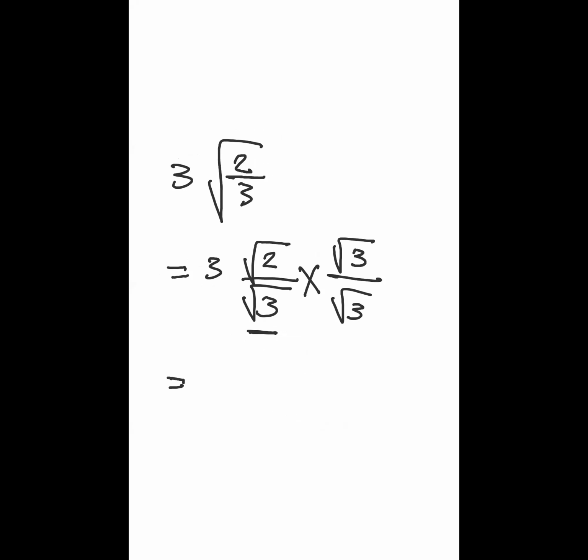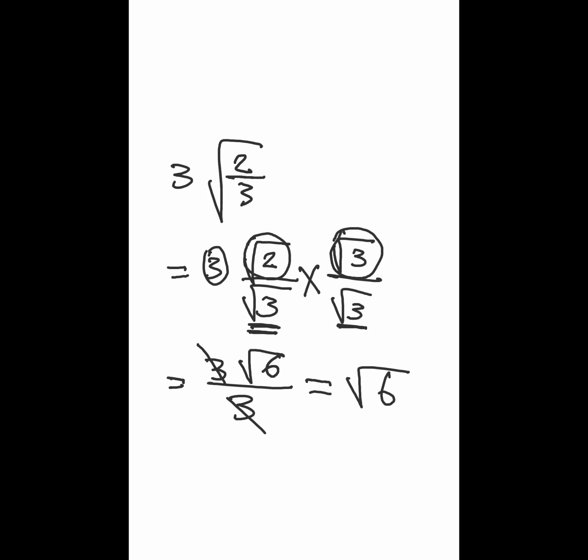So it will equal 3 multiplied by square root of 2 and square root of 3, so 3 square root of 6. Then here square root of 3 times the square root of 3 means 3. Then I can simplify this 3 with this 3, so it will equal square root of 6.